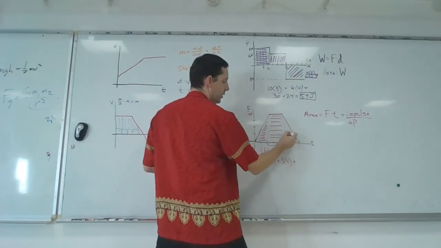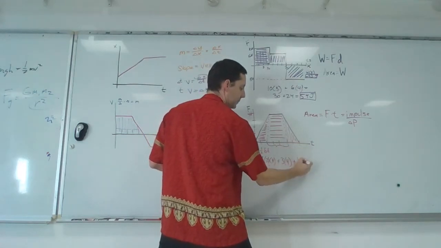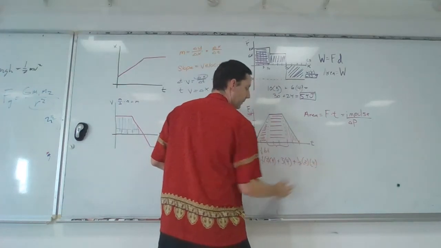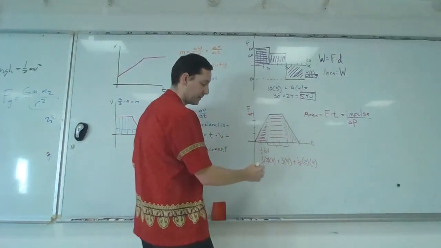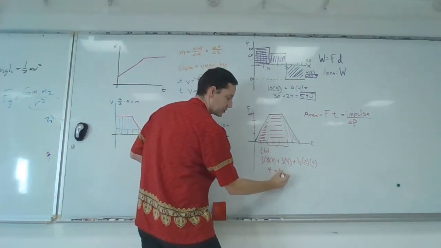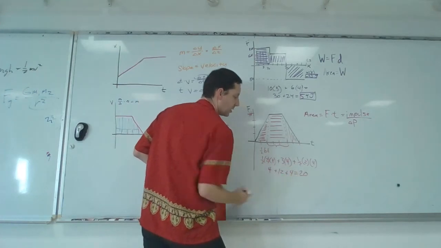And then we do have one last triangle over here on the right-hand side, which again will be 1/2 times the base, which is 2, times the height, which is 4. And if we do the mathematics here, we would get 1/2 of 2 times 4, that's 4, plus 12, plus another 4 there, and we end up getting 20.